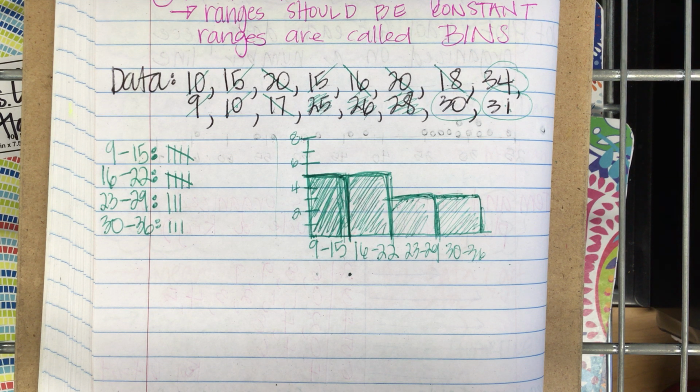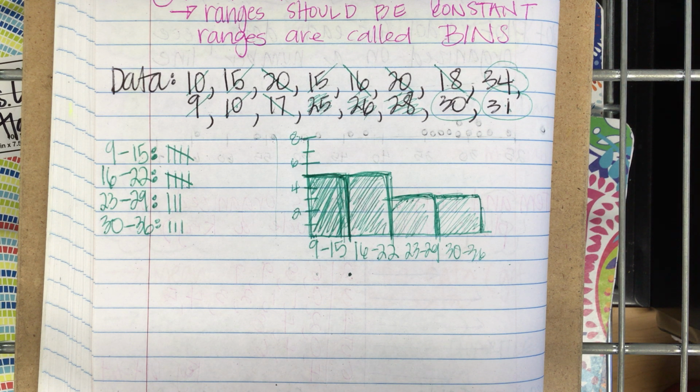What's the mode? Could you tell me? No, because we don't know specific data. So you can't talk about specifics with a histogram. You can talk about generalities. You could say, most of the data falls below 22. You can make general statements, but you cannot specifically speak about individual pieces of data.